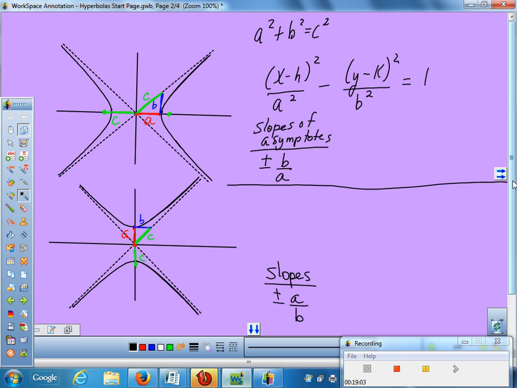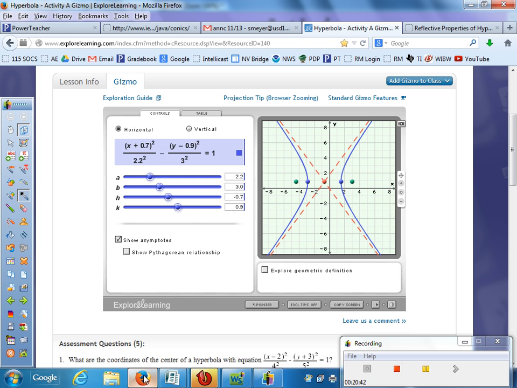But the bigger question is, how does the equation change when I'm doing a vertical one? Because if I come back to my picture, did this thing ever go vertical when I made A smaller than B? It's horizontal. When I made A bigger than B, it's still horizontal. How am I going to get the puppy to go vertical? Do it with the B. Bigger than A? Okay.